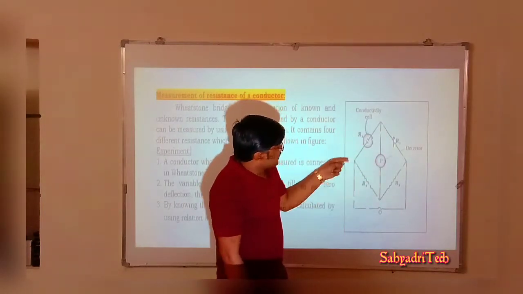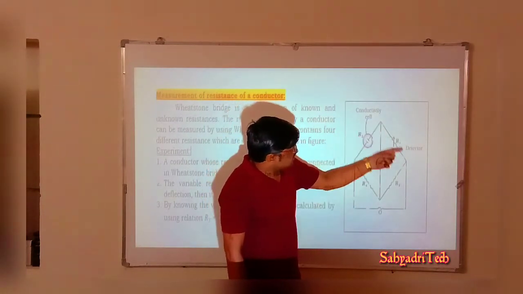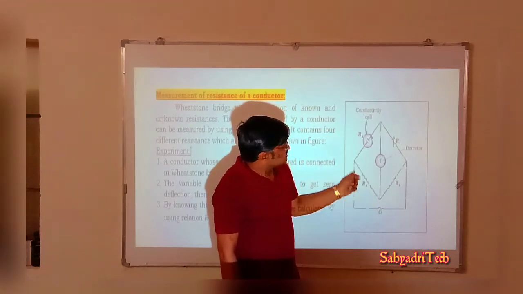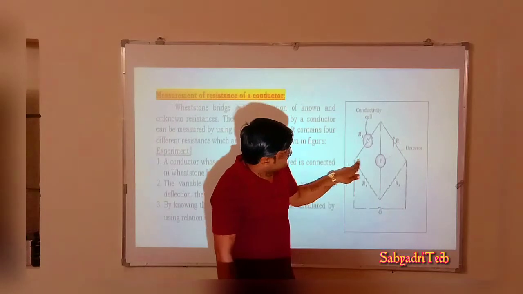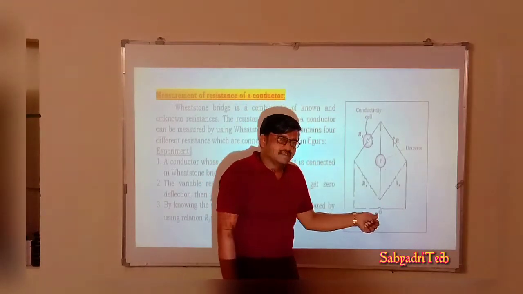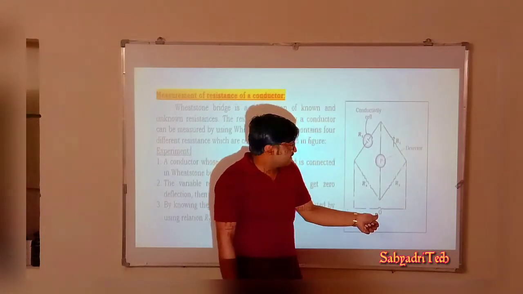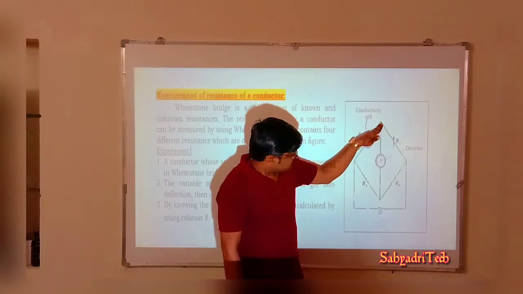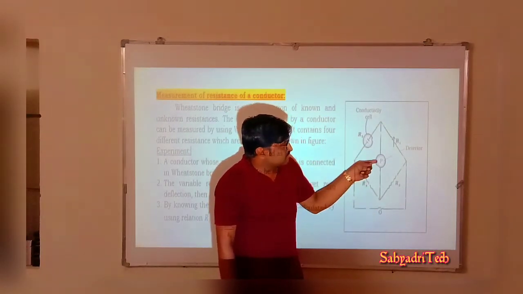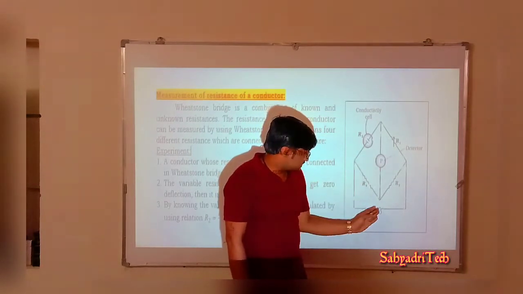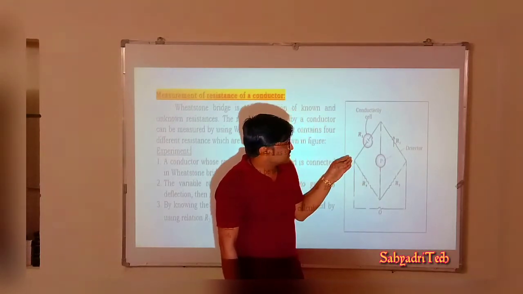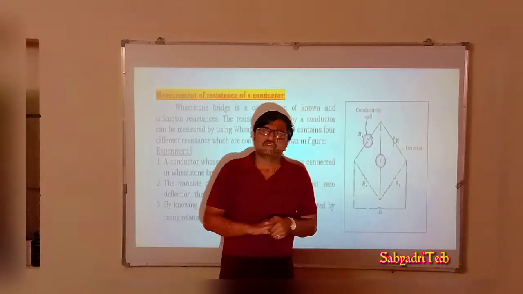The four resistances R1, R2, R3, R4 are connected as shown. Here there are four points, A, B, C, D. The terminals A and B are connected to the external source, or battery, and the points B and D are connected with the help of a galvanometer. Whatever current enters the circuit is measured with the help of the galvanometer.